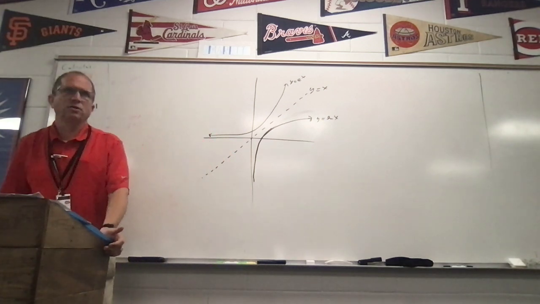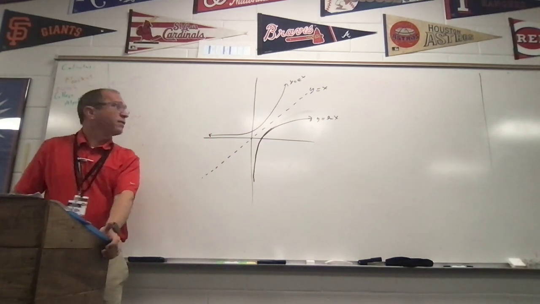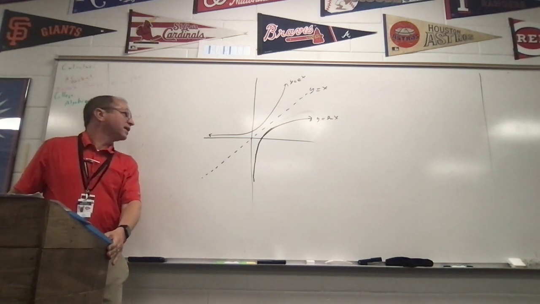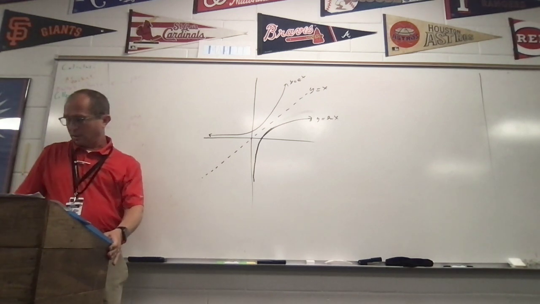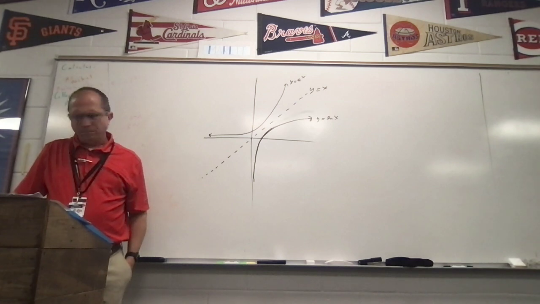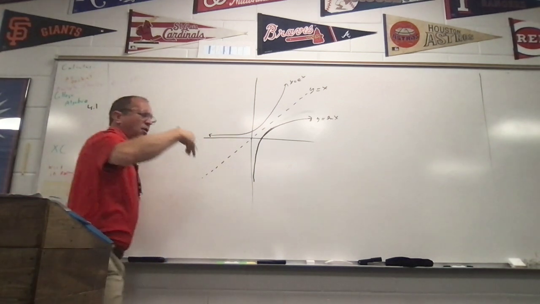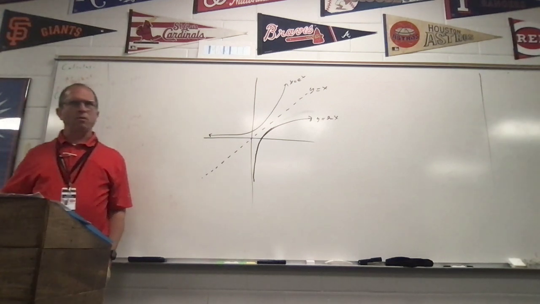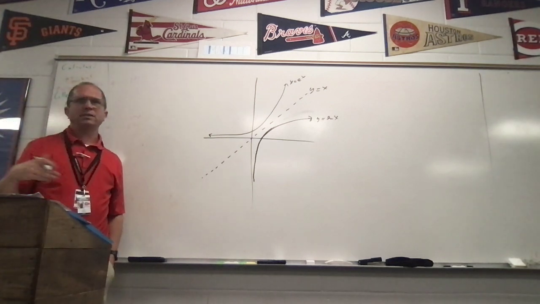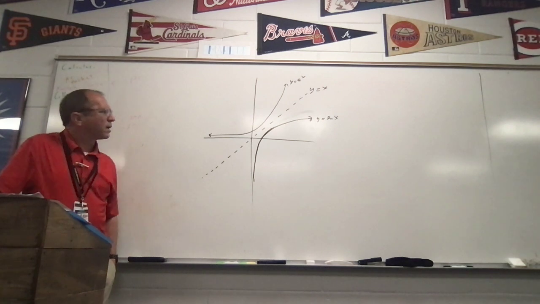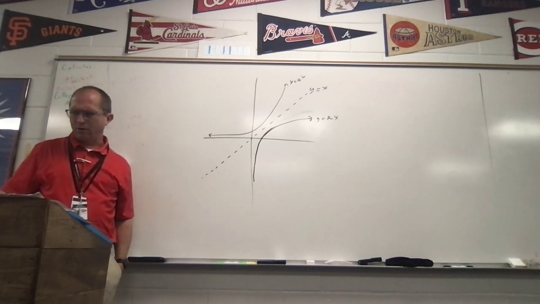That's just standing for the natural log. So you have y equals e to the x and y equals the natural log of x, and that's what we're looking at here. They are inverses of each other, so I'm not going to go through the switching around of them right now. Possibly at the end of class I'll show it to you, but we don't know enough right now to go through that.